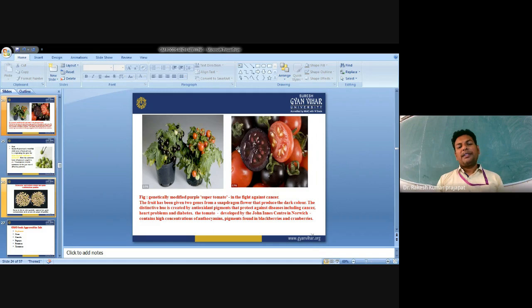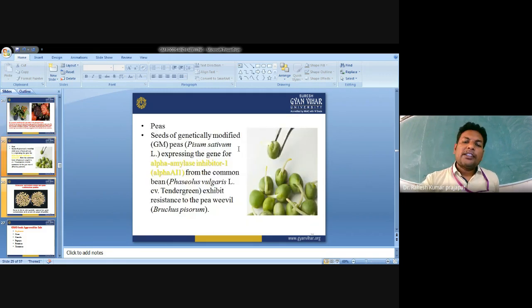The distinctive hue is created by an antioxidant pigment that protects against diseases, including cancer, heart problems, and diabetes. The tomato was developed by the John Innes Centre in Norwich.